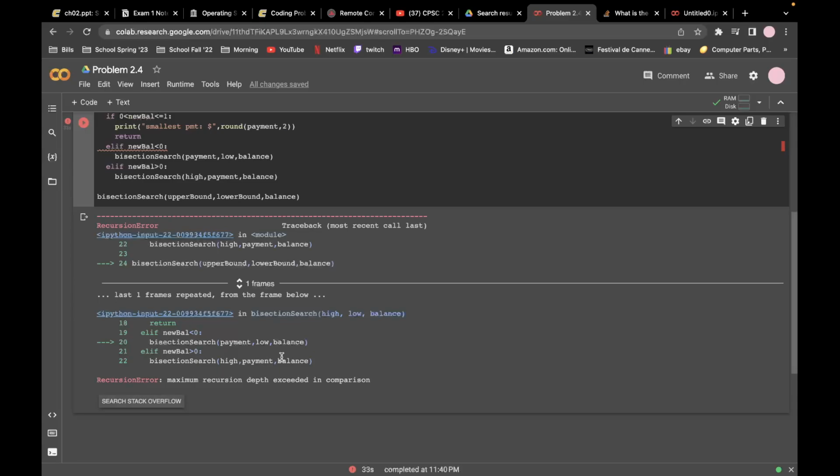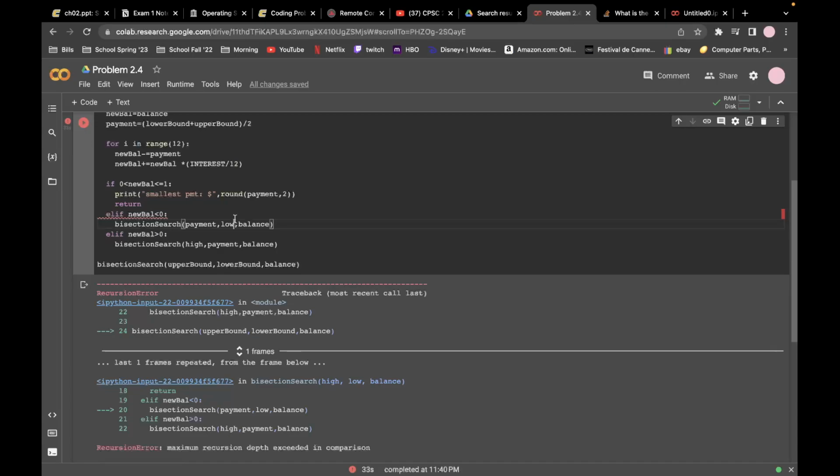If it's less than 0, we want the payment to represent the highest bound. I just don't get it. Just for the sake of trying to get this to compile, I'm gonna do this, but it's probably not gonna be right.